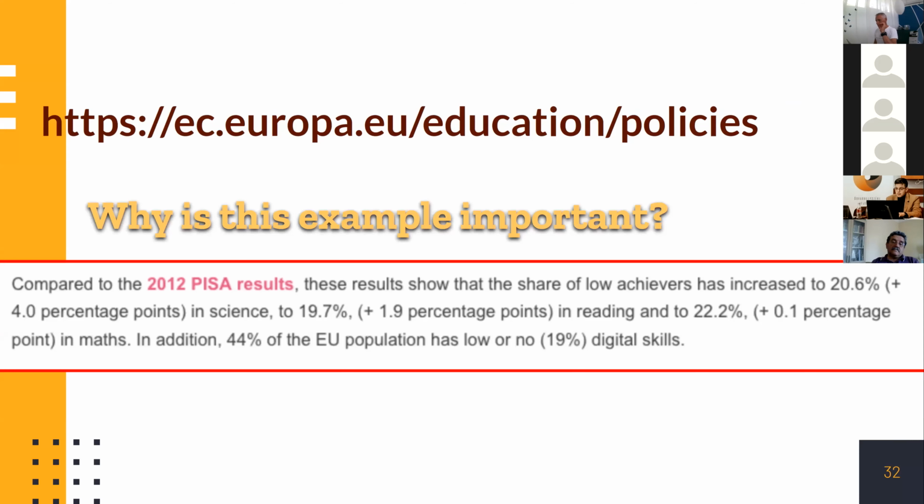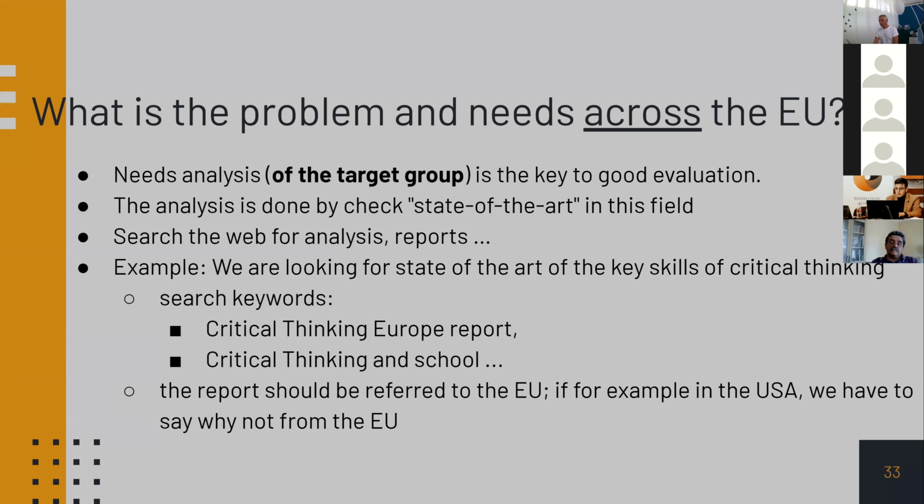So when you find something like the PISA results, this is all across Europe, because we are explaining this in the PISA results, and then you can also see where the worst achievers are, and then you can find the real partners from those countries.